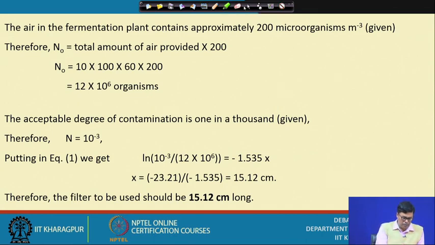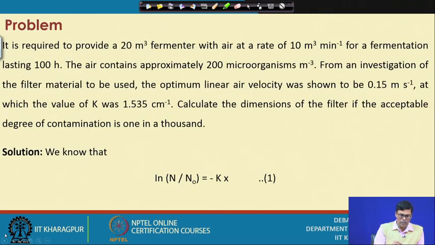If you look at the problem, we have 200 microorganisms per cubic meter, flowing at a flow rate of 10 cubic meter per minute, and this is lasting for 100 hours. If you want to find out per hour, it will be 10 into 60 cubic meter per hour. Then if you multiply this, you will find how much volume of air is there.